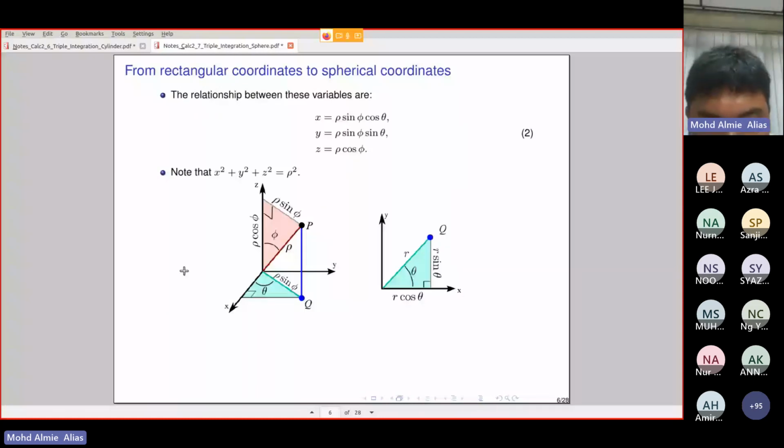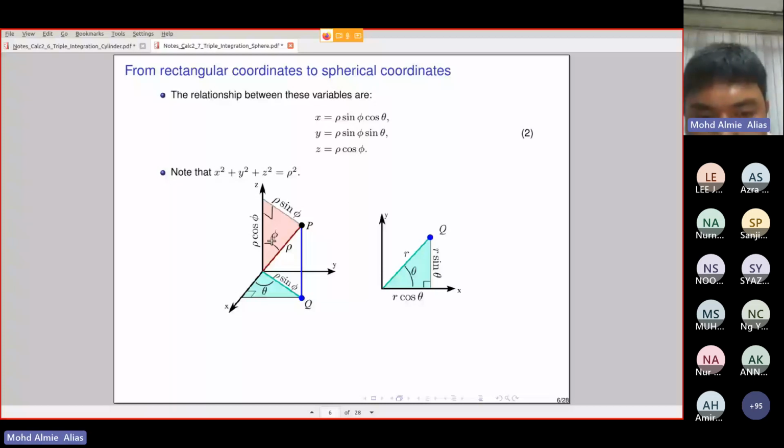We start here with rho, and then you have phi and theta.